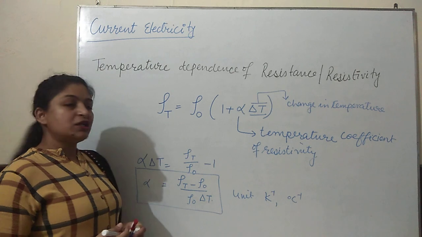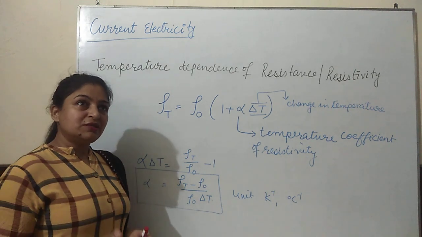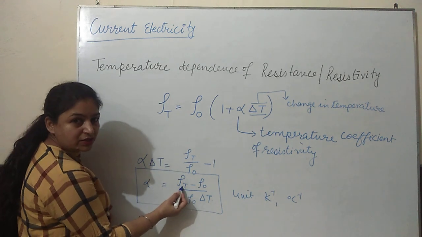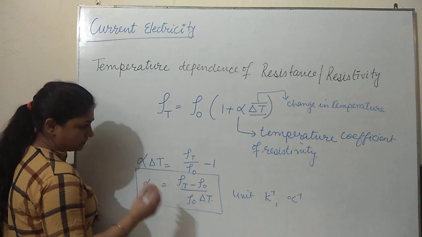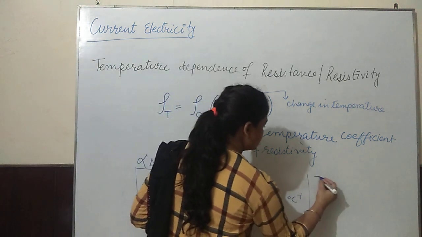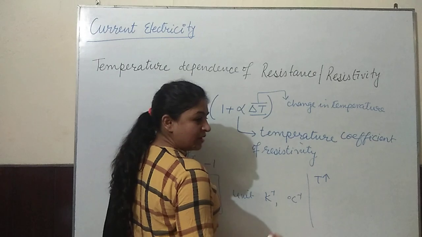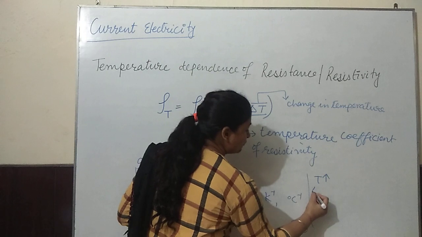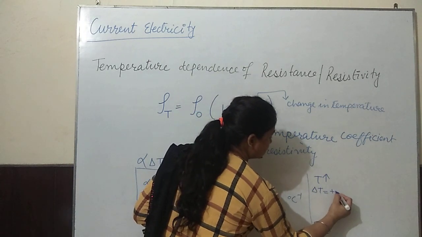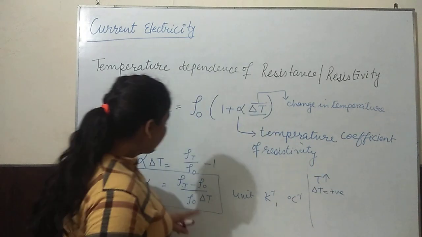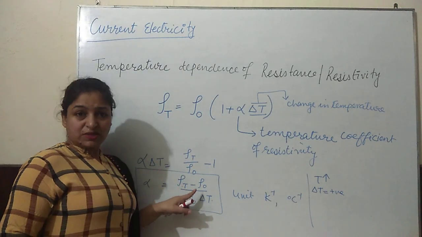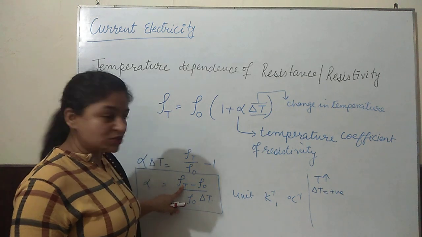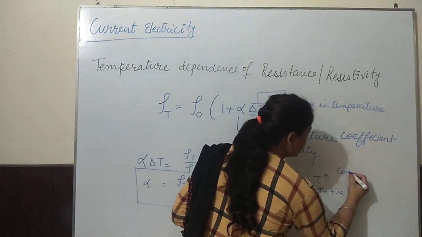As we have discussed, in case of conductors, the resistivity will increase. Suppose we are increasing the temperature, meaning initially the temperature is less, finally the temperature is more. So delta T is positive if we are increasing the temperature.